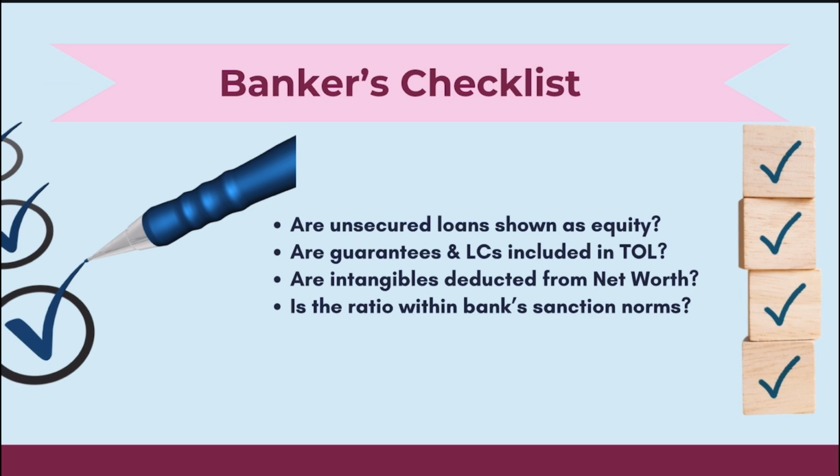Now here's a quick banker's checklist. Are your unsecured loans shown as equity? Are your guarantees or your LCs included in your total outside liabilities? Are your intangible assets deducted from your net worth? Or is the ratio within bank sanction norms?